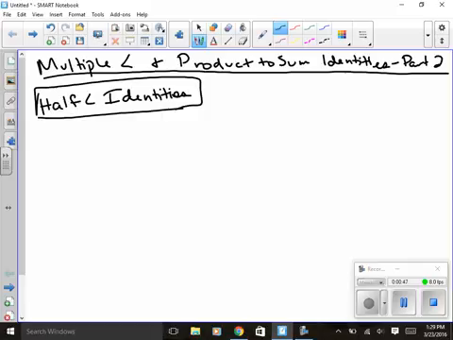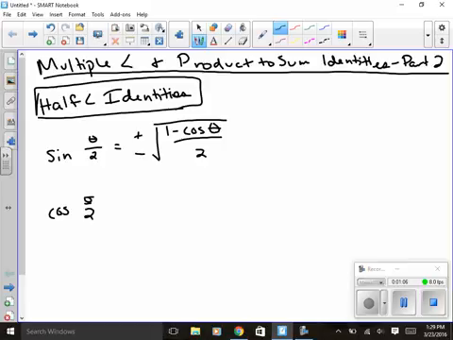The first one is sine of theta over 2, so that's what makes it a half, because we're dividing it by 2. This equals plus or minus the square root of 1 minus cosine of theta over 2. With the cosine of theta over 2, we have plus or minus the square root of 1 plus cosine of theta over 2.